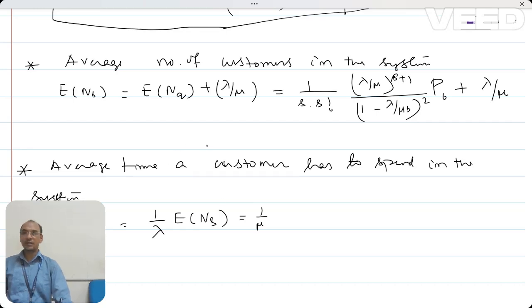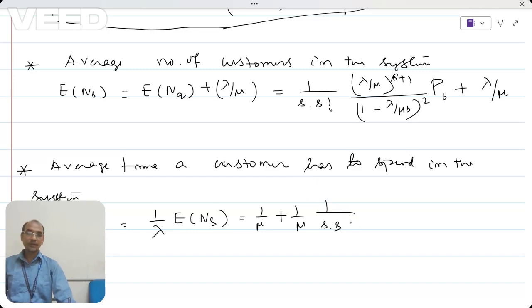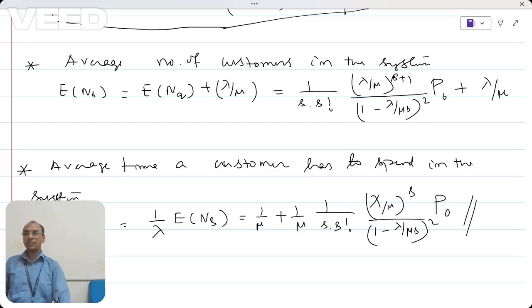E of Ns we have already got: 1 by mu plus 1 by mu into 1 by s into s factorial into lambda by mu to the power s divided by 1 minus lambda by mu s square into P0. This is the average number of customers waiting or having to spend time in the system.